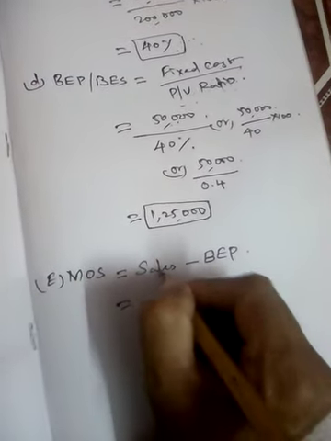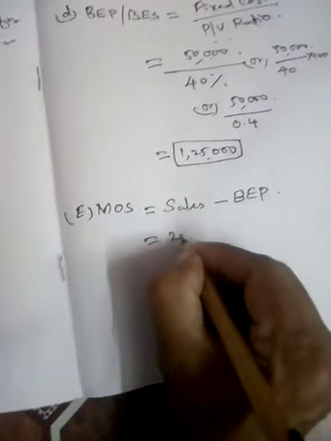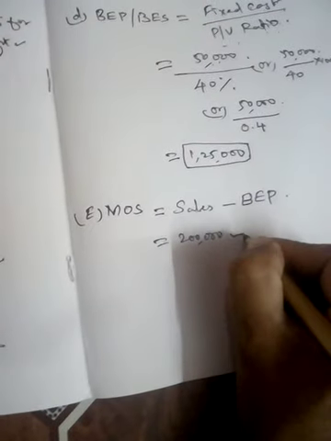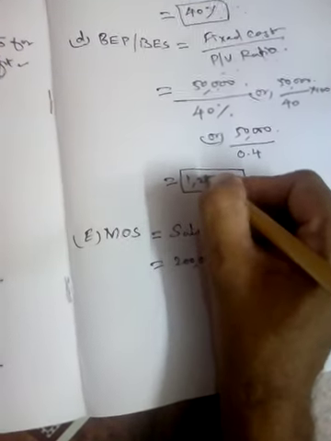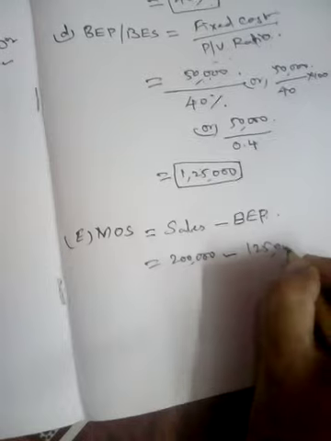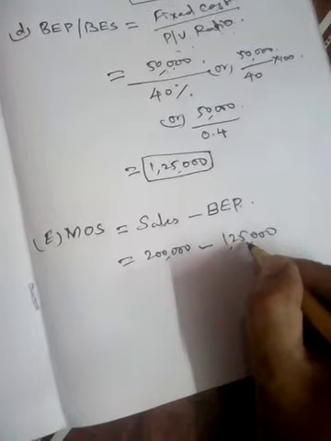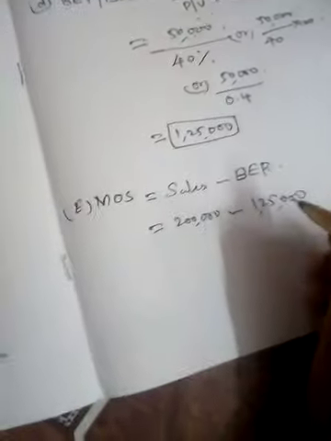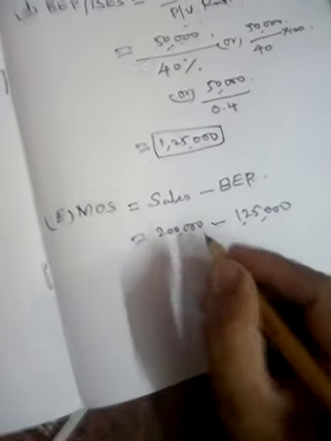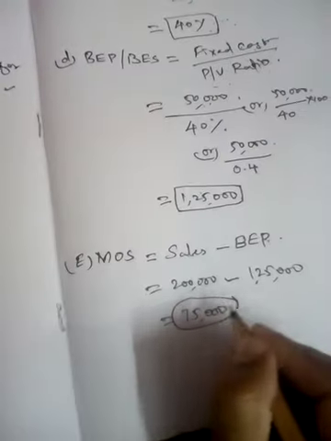Sales in the question itself are given as 2 lakh rupees, so we use the same 2 lakh minus, that is deduct, the break even point. The break even point we found here is 1,25,000. So 2 lakh deducted with 1,25,000, if you deduct you get the amount of 75,000. So this is the margin of safety.